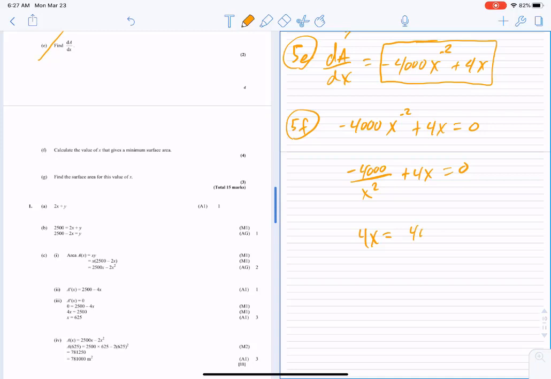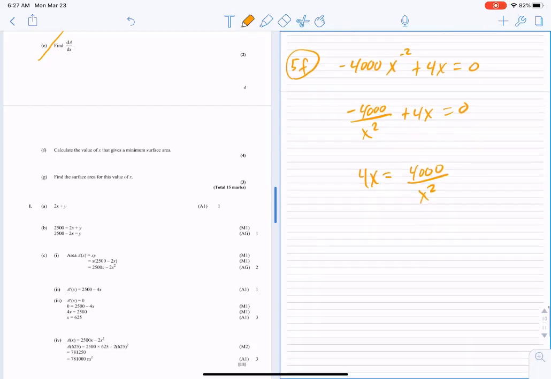So we're going to add 4,000 over x squared to both sides and solve this for x. So that means that my x cubed is going to equal 4,000 over 4, which is 1,000. So x is going to equal the cube root of 1,000, okay?